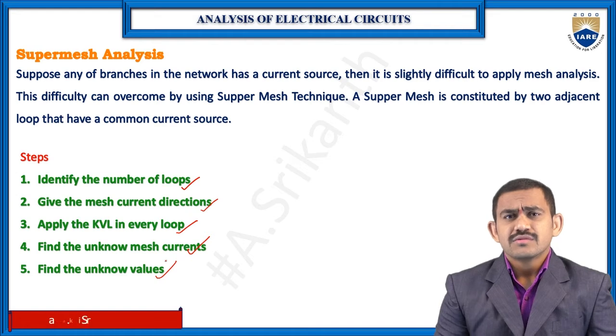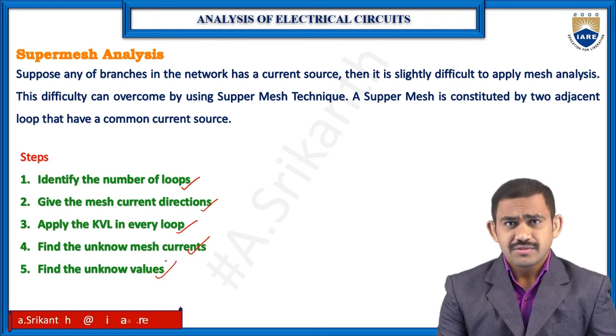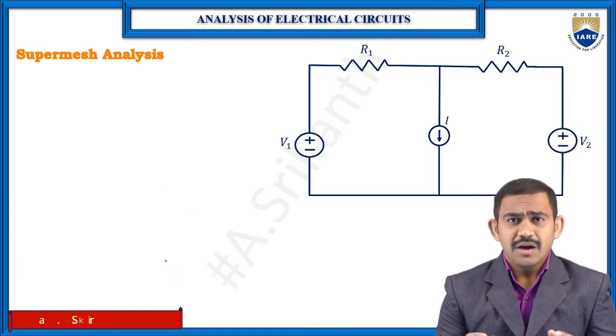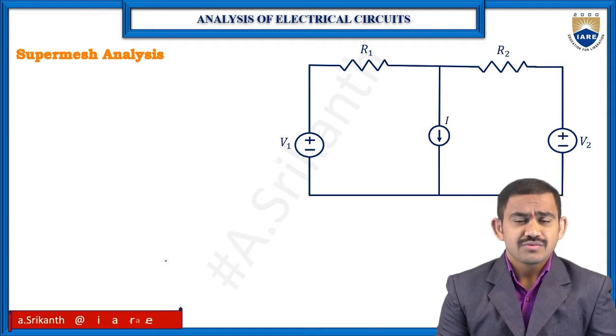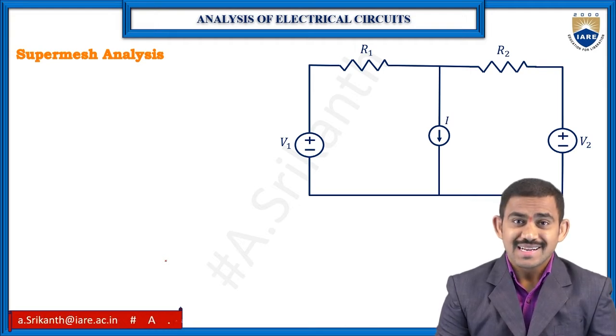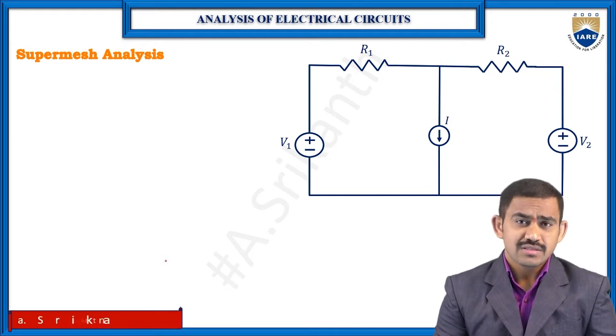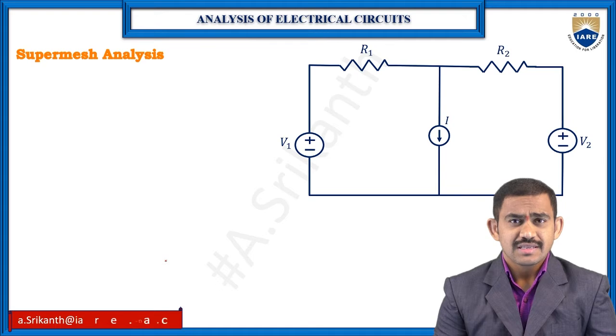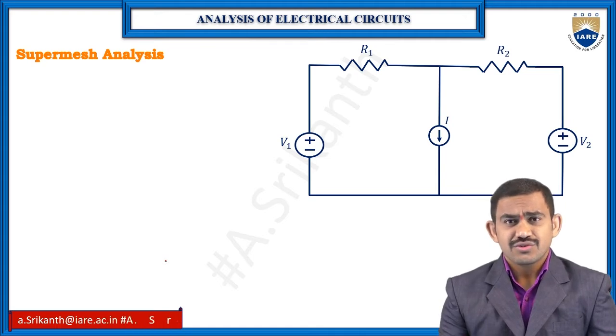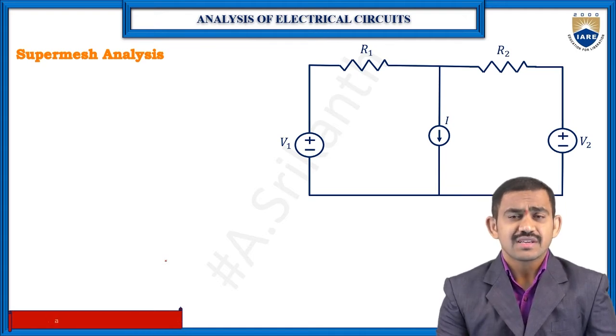Okay. Now, here I have a small circuit. So observe this circuit, and we'll see what super mesh analysis is. Here I have a voltage source in series with a resistor. Same thing with V2, we have a voltage source in series with a resistor.